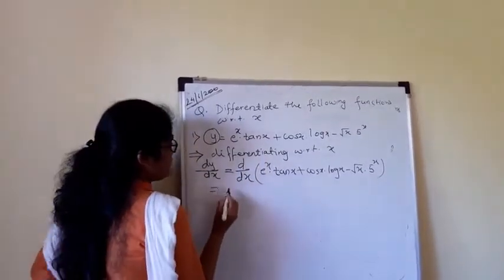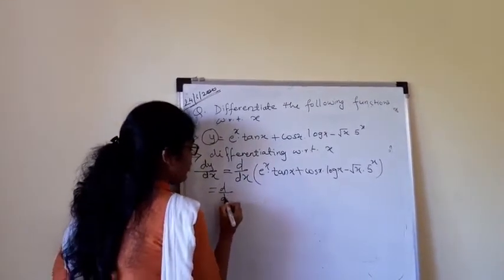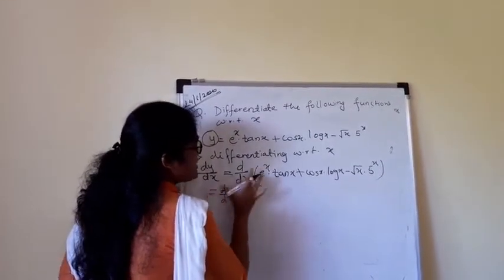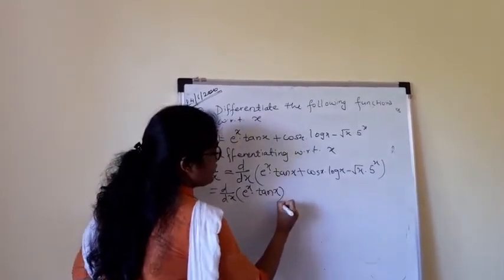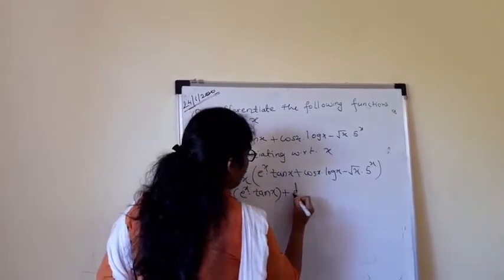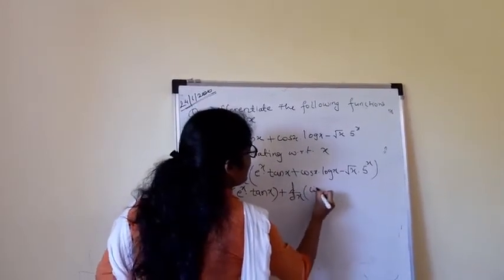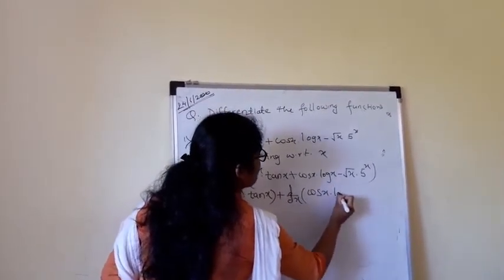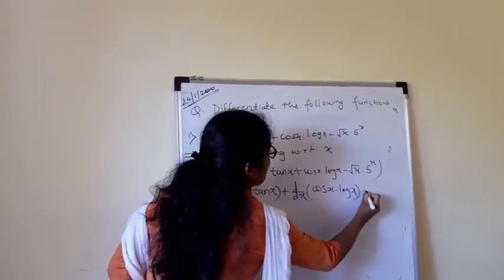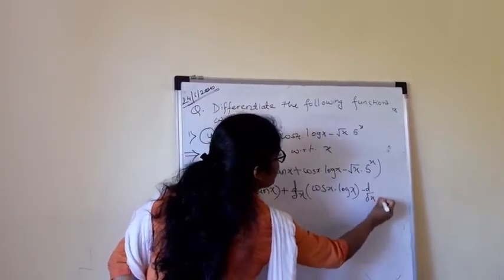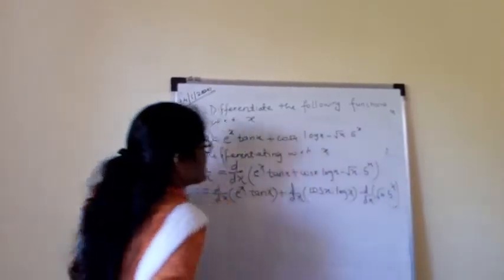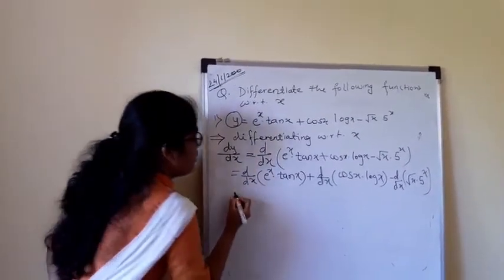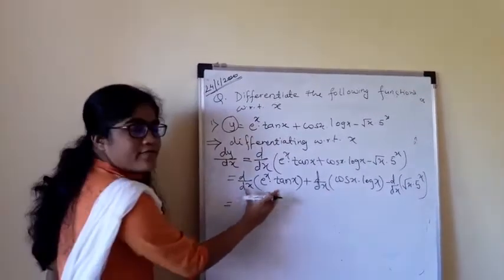Now we will separate this derivative. Minus d by dx of root x into 5 raised to x. Now we will start differentiating.